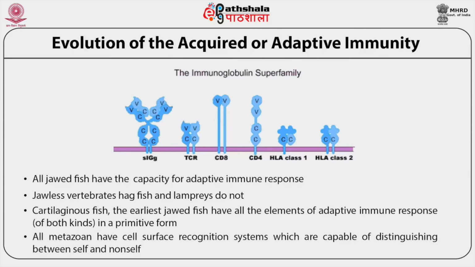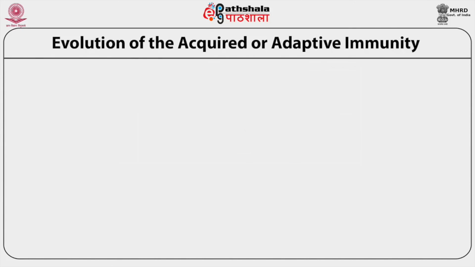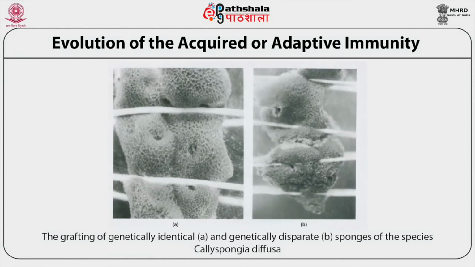All metazoans have cell surface recognition systems which are capable of distinguishing between self and non-self. This distinction between self and non-self, as we have seen, is actually a hallmark of the immune action. Let us look at these evolutionary aspects a little further.